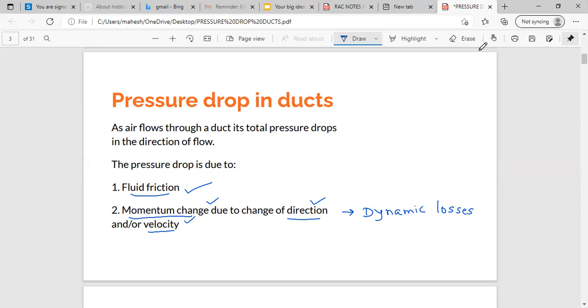So the pressure drop in the duct systems, including the duct fittings, is attributed to these two factors: the fluid friction as well as the momentum change due to change of direction and or velocity. The latter is known as the dynamic losses.